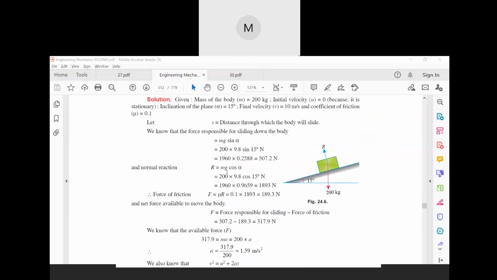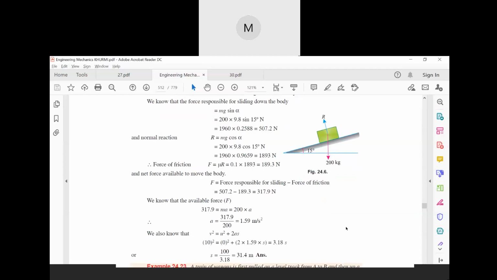If I find out the force responsible for sliding, then you find out the normal reaction. And always remember, frictional force equals coefficient of friction mu into normal reaction R. Now if you subtract these two, then you will get the net force that is available for moving the body.